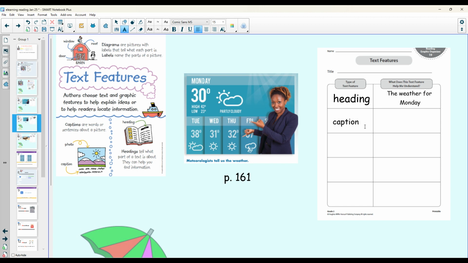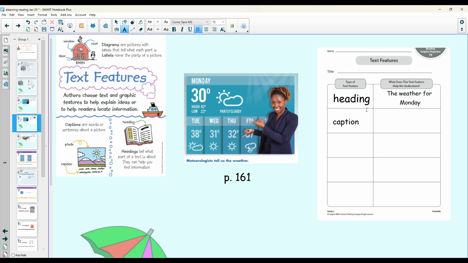No. Does this caption help me understand the job of a meteorologist? Ding, ding, ding, ding, ding. You are right. This caption helps us understand what a meteorologist does.